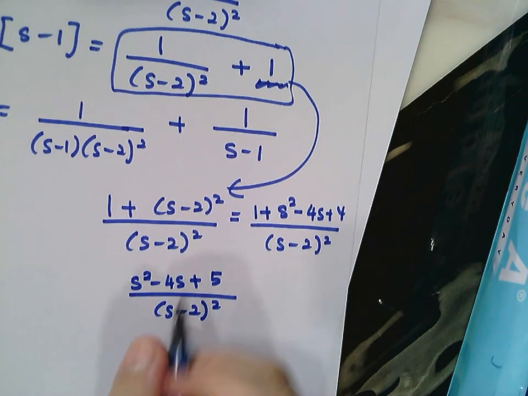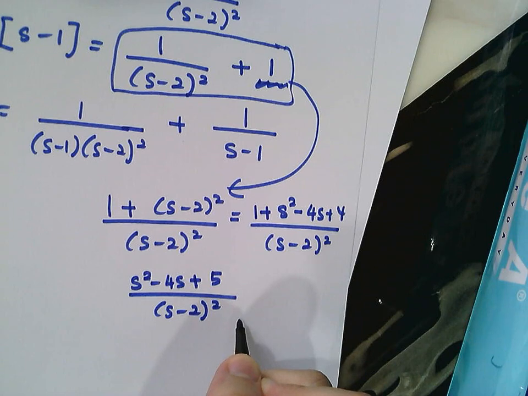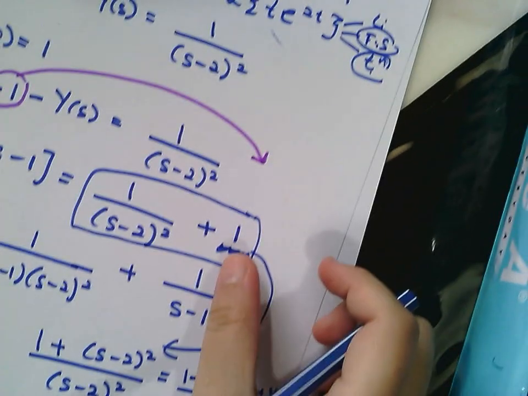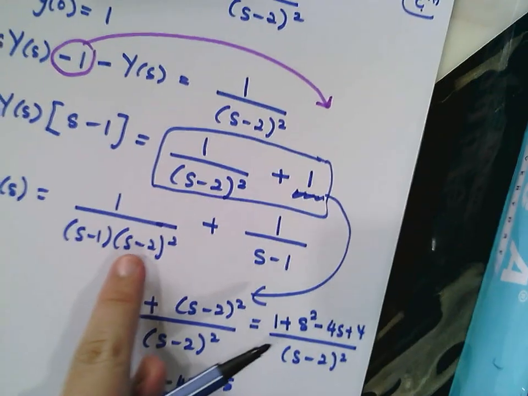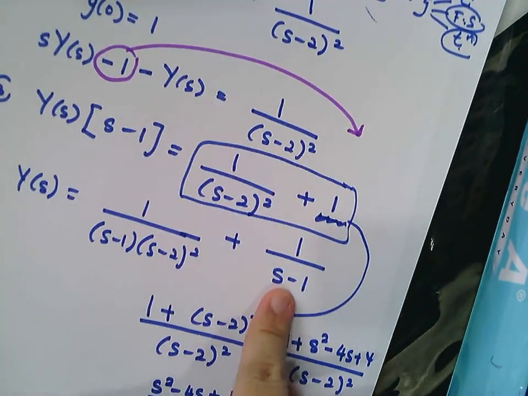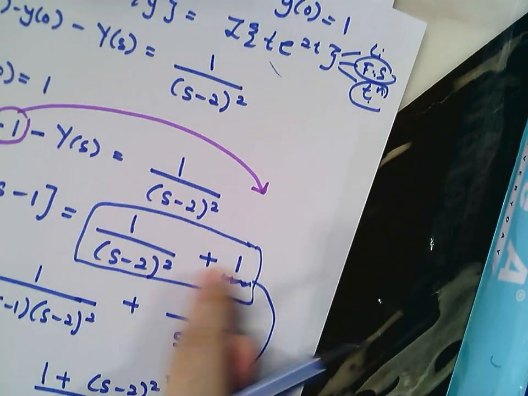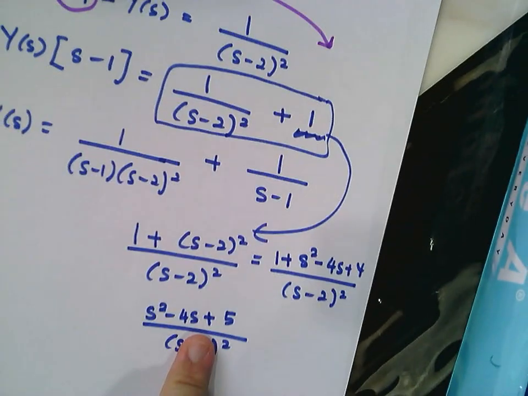So you end up with one function. So it's up to you. Either you let it be two functions here, so you will have two functions for your Y(s), or do something here so that it becomes only one function.